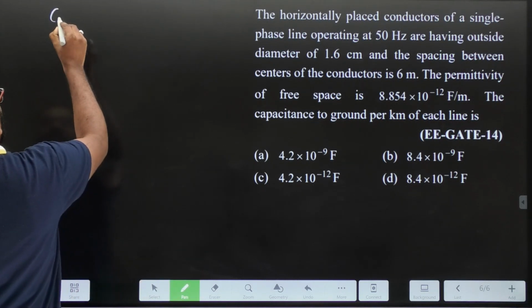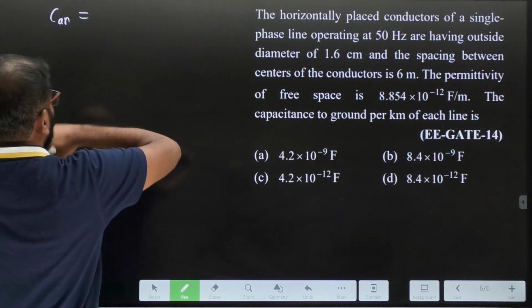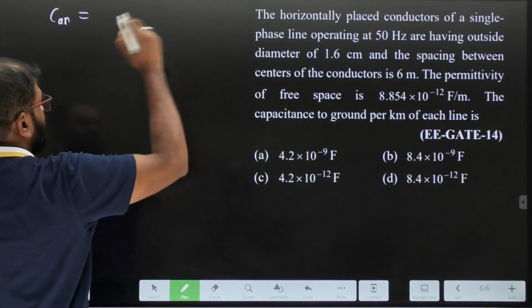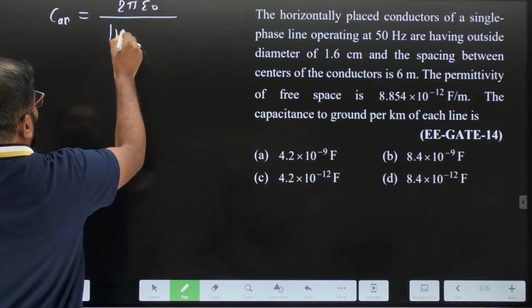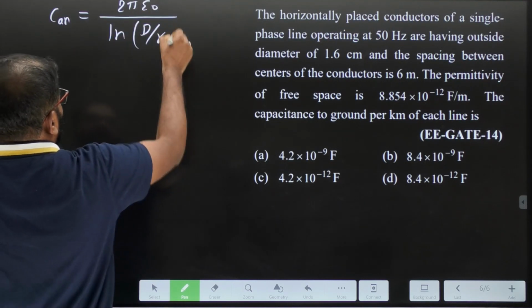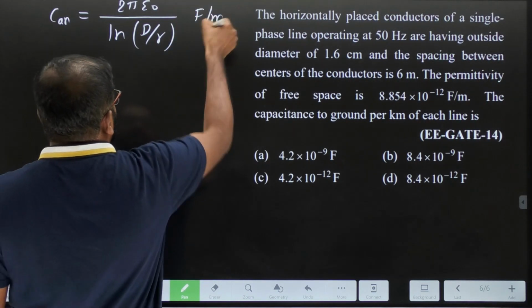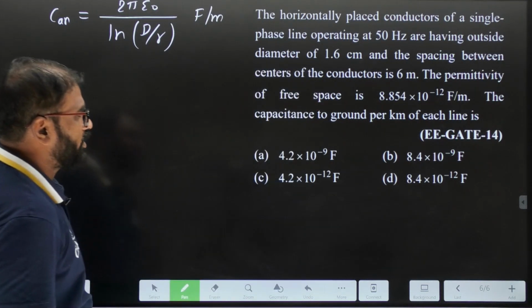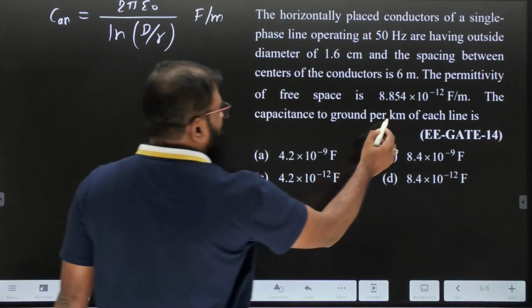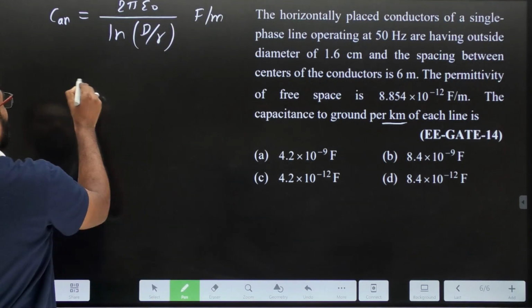The formula for CAN or CBN is 2 pi epsilon naught by ln of d by r, where r is the radius of each conductor. Now this is in farad per meter, but he is asking in farad per kilometer, so we need to get it per kilometer.